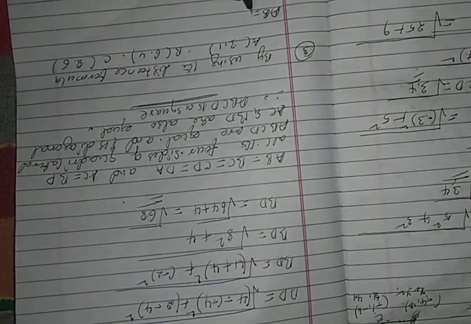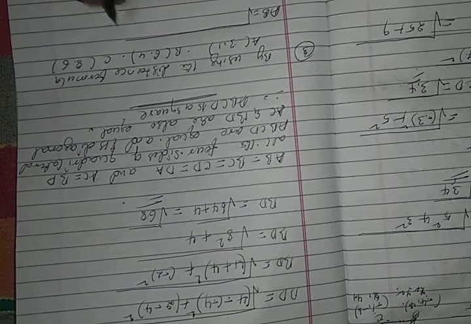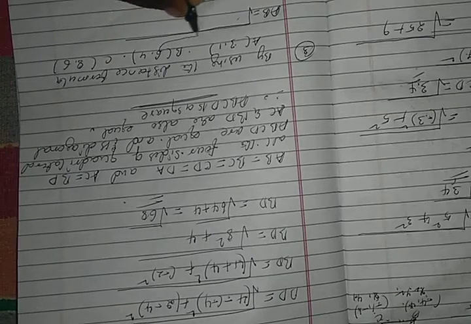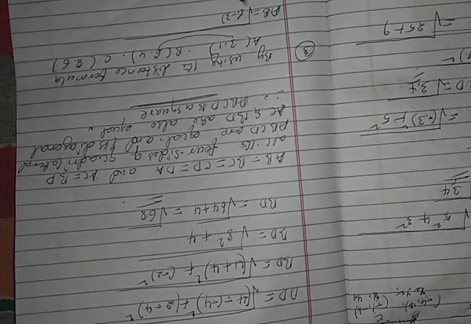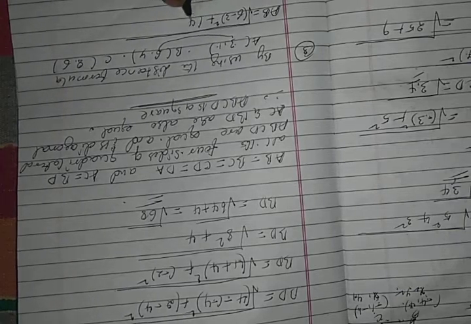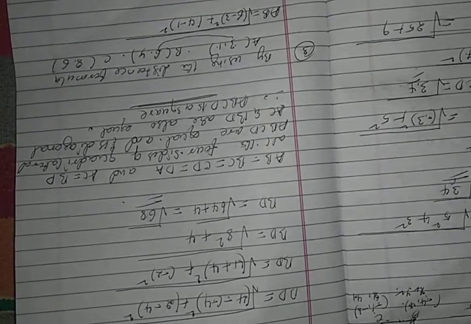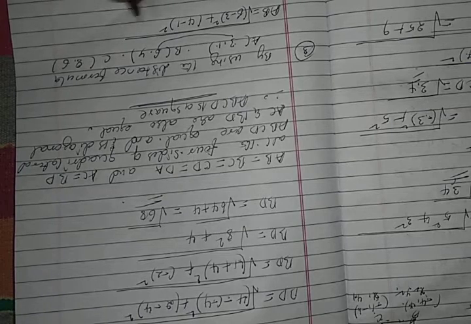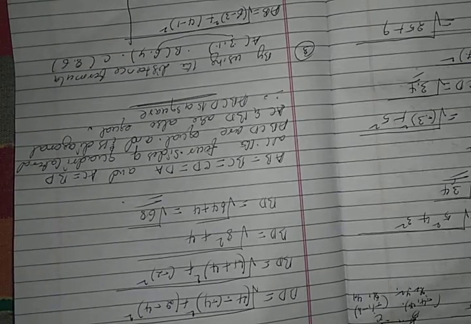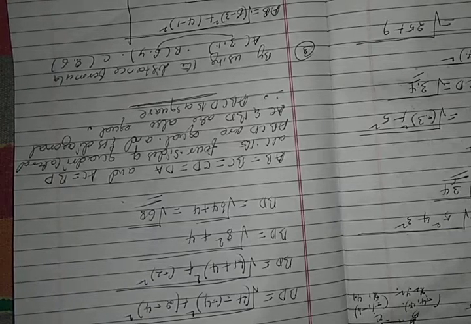AB is equal to square root of (6 minus 3) whole square plus (4 minus 1) whole square. Then AB is equal to 6 minus 3 is 3, 4 minus 1 is 3, squared.